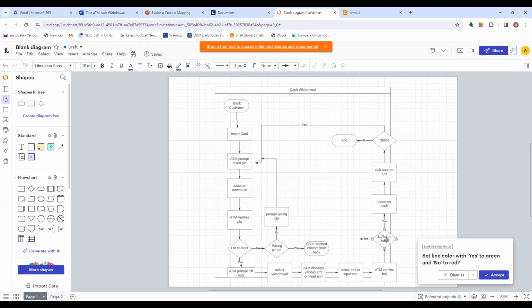If your balance is not sufficient, it will do what? It just displays a notification: insufficient balance. Choose a lower amount.